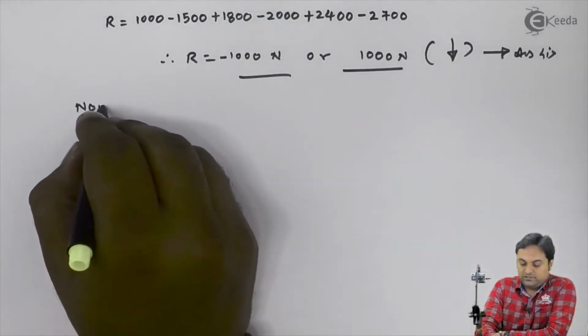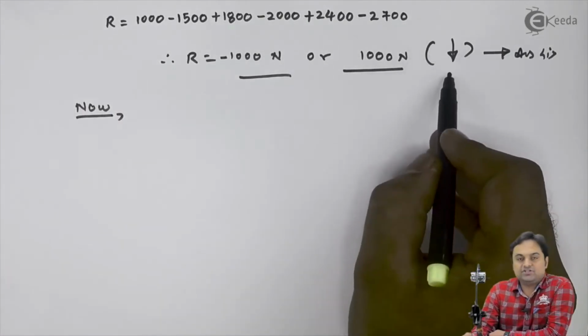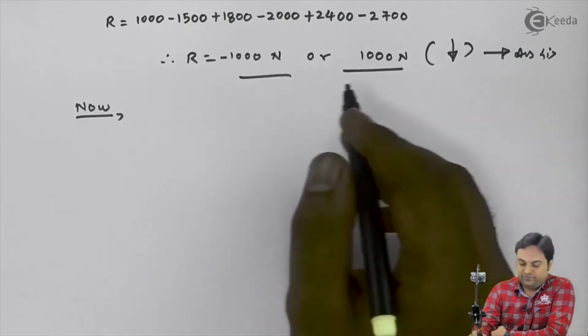After this, once getting the resultant, here we know the magnitude of it, and direction we can calculate the location of resultant.